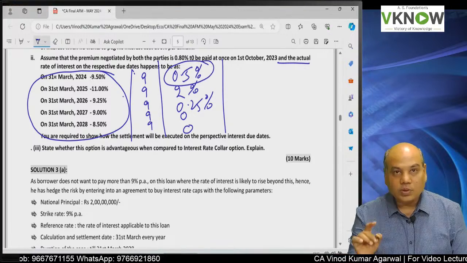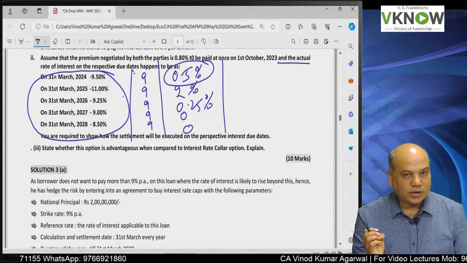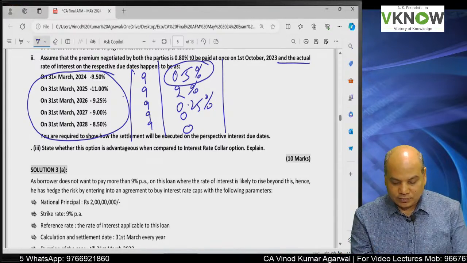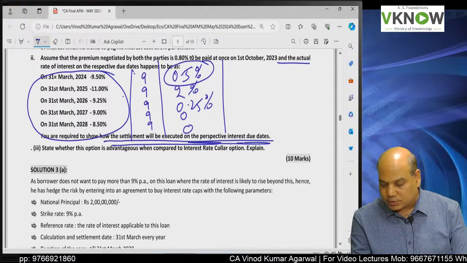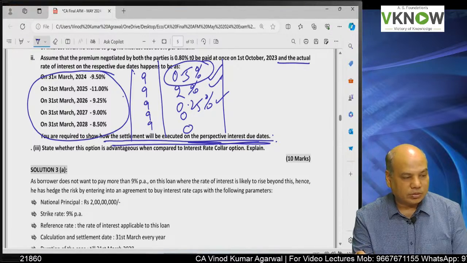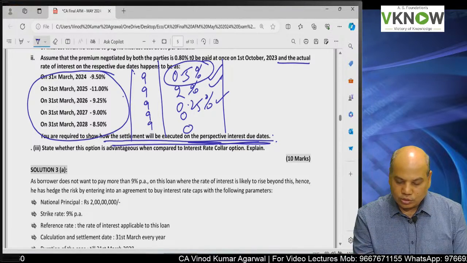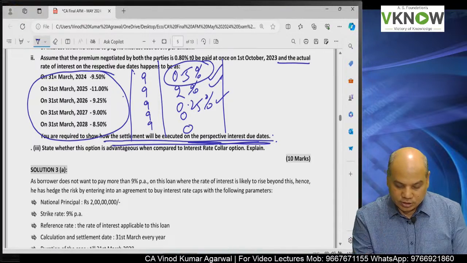And this difference will multiply by 2 crore. You will calculate how much difference you will receive. That's it. You are required to show how the settlement will be executed on the respective interest due date. These differences multiplied by 2 crore. Because you are going to take a cap, you will not pay more than 9%.